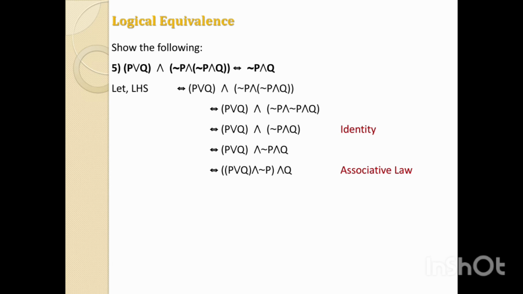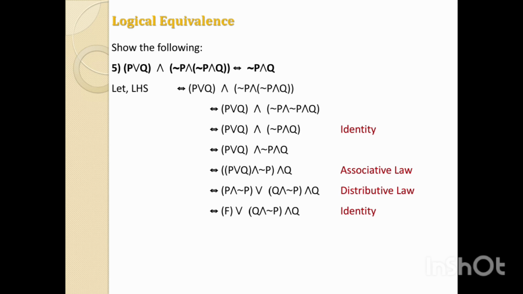Now, in the first term, (P or Q) and not P, the inside bracket and outside bracket have different symbols. That's why by using the distributive law, we make it (P and not P) or (Q and not P) and Q. Now using the identity law, P and not P is always false.